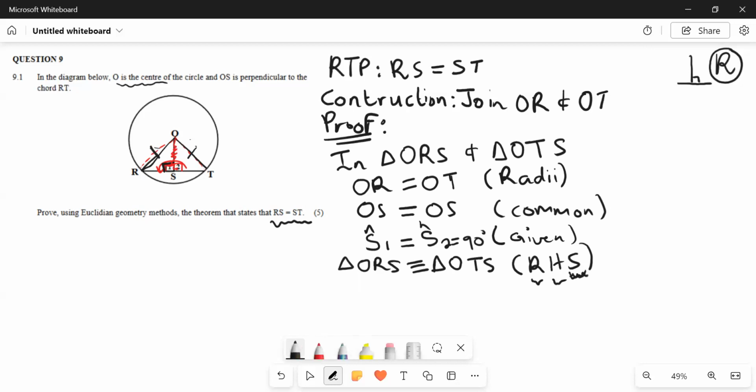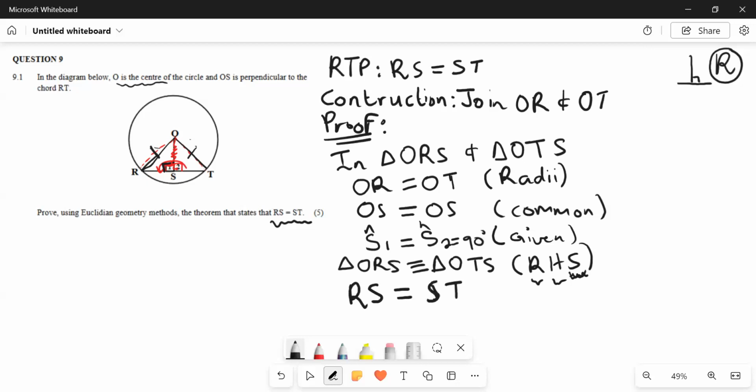Then, since now we've concluded to say triangle ORS is congruent to triangle OTS, now we can say, okay, cool, these two triangles are actually the same in every sense, meaning now we can conclude and say RS is equals to ST, right?